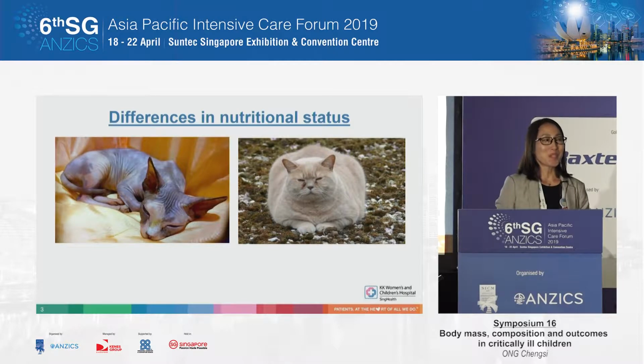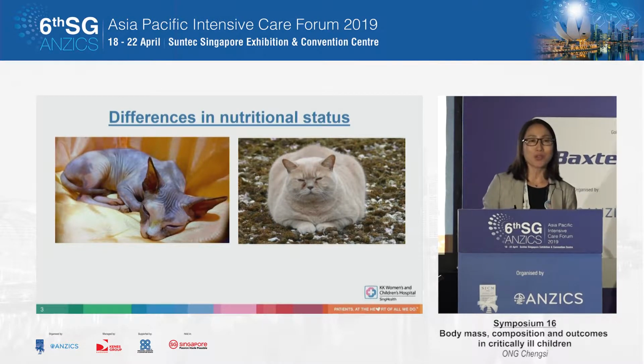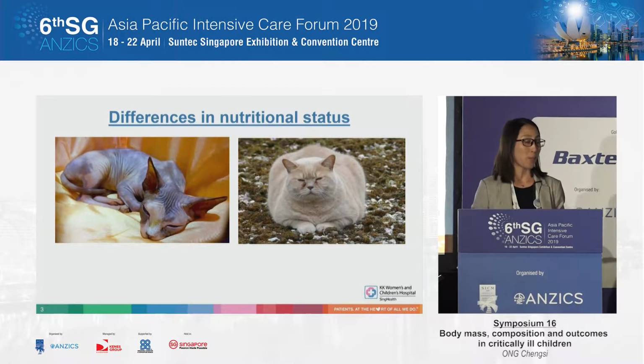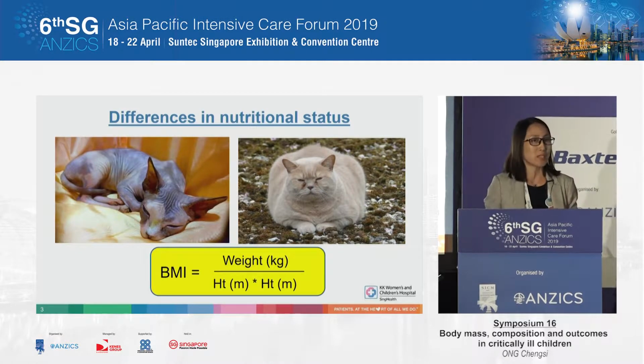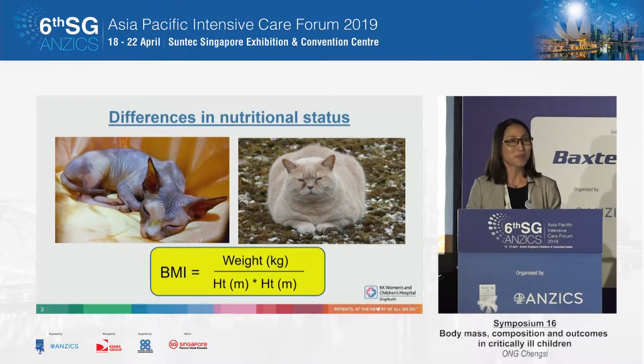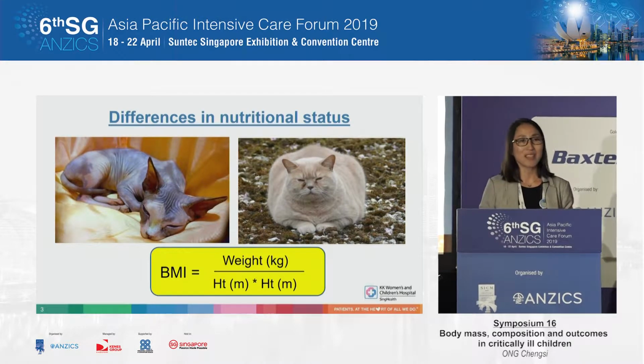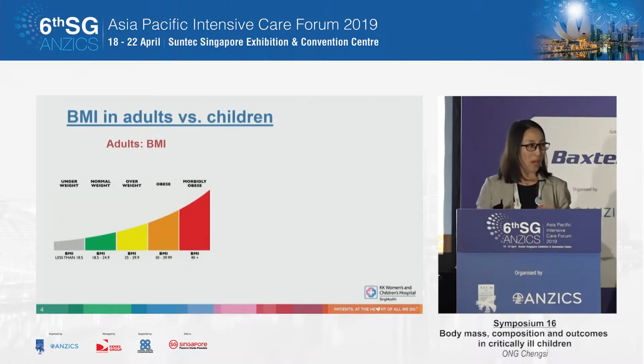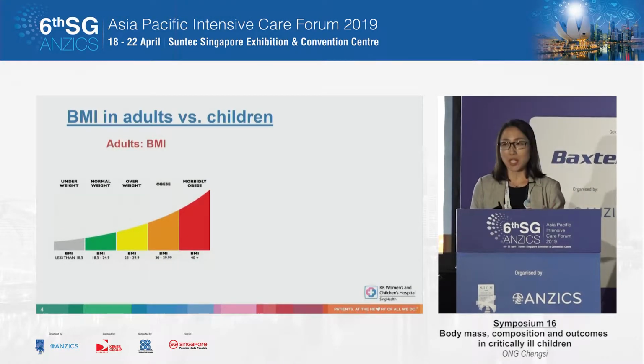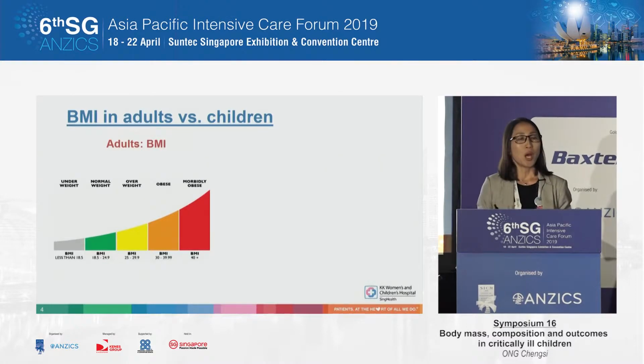And something that we commonly use to look at the body mass status or body habitus is the body mass index. So this is basically the weight divided by the height in meters squared. Okay? So to help us in trying to classify patients and their nutritional status, we have something called healthy BMI ranges.